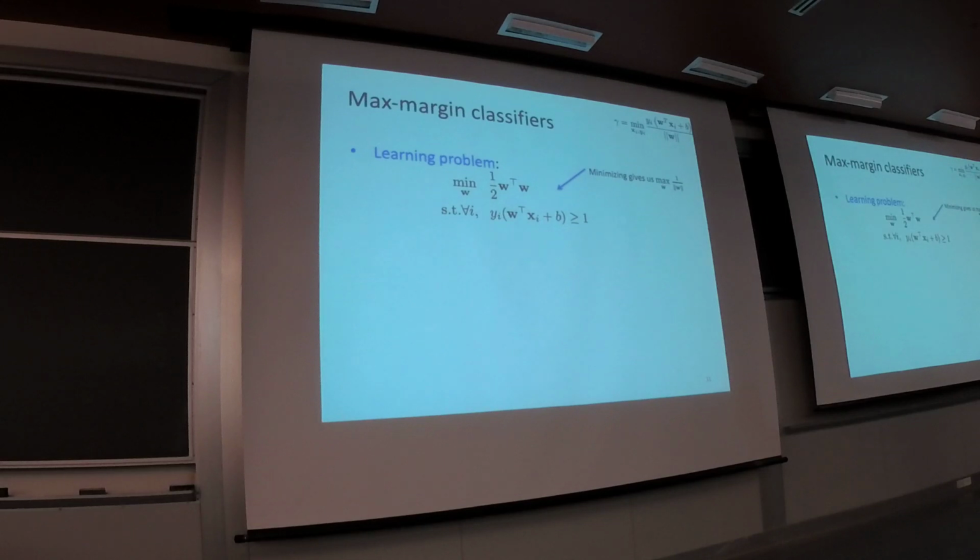Suppose I set 1, and now I set it to 10. I just multiply the weight vector and bias parameter by 10, and I satisfy the new value. So you can replace 1 by any positive constant, but here it's just for convenience.